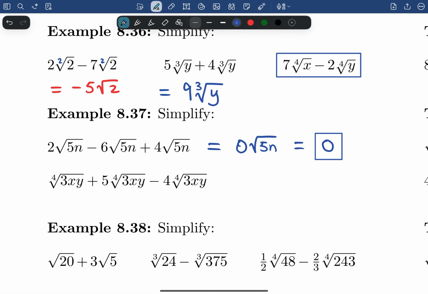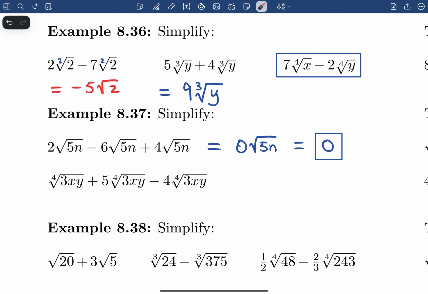Great. Let's try this next one. The fourth root of 3 times x times y plus 5 times the fourth root of 3 times x times y minus 4 times the fourth root of 3 times x times y. Question, do I have the same index value for all the radicals? Yes, 4, 4, and 4. Do I have the same radicand for all of the radicals? Yes, 3xy.